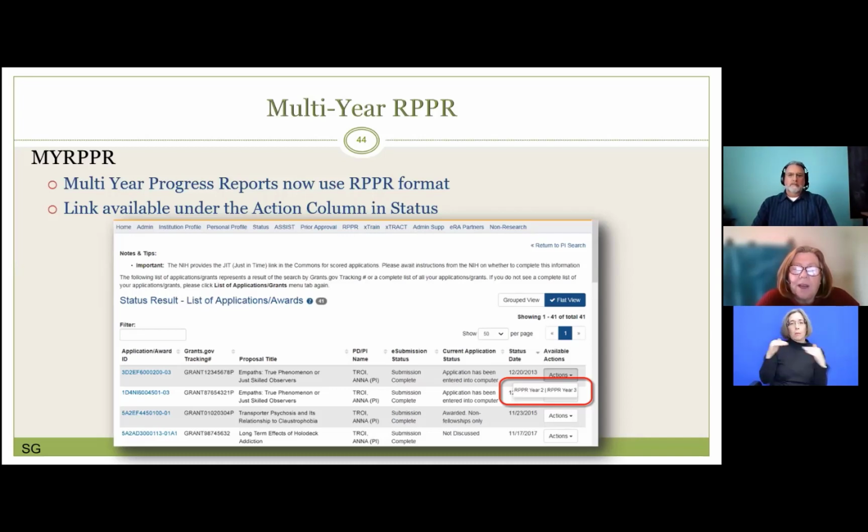So you can go from 2012 to 2015, and your budget period will also be 2012 to 2015. It makes it a little more difficult to put a progress report on each one of them because it's one grant. So you'll see the year 01 at the end, even though you are getting funding for 3 years. So we put it all in one little space, and it is shown under the status. Multi-year progress reports will be reported under status and not under the RPPR tab at the top.